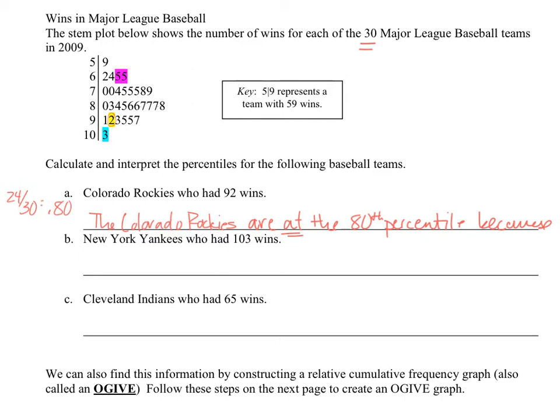Being at the 100th percentile means that you did better than 100% of the people, which means that you did better than yourself. That's just not possible. You're part of the data set. You can't beat yourself. So being at the 100th percentile is kind of a tricky thing and really, honestly, not possible.